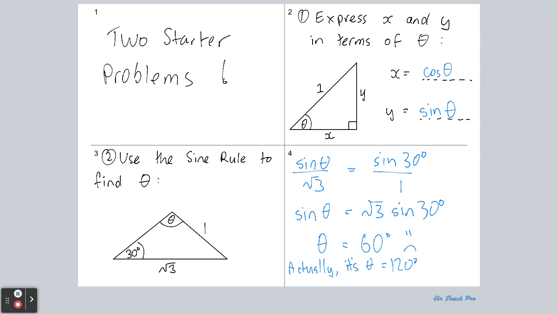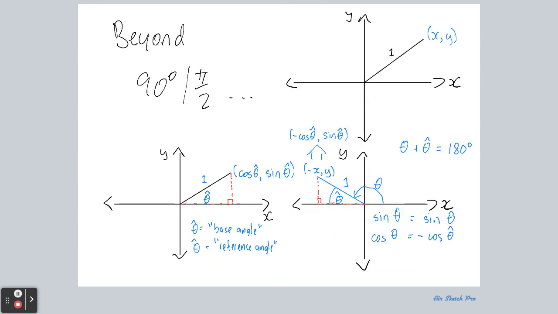What is the cosine of 60? I think it's a half, 0.5. The cosine of 120 would be negative 0.5. So the same value, but negative. And that's how they link together. Okay, I'm running out of time. So this video will be available for you to look back on. I do need to push on.